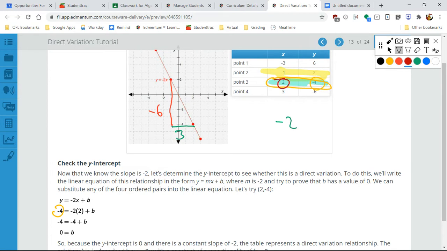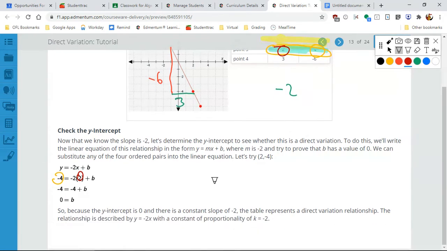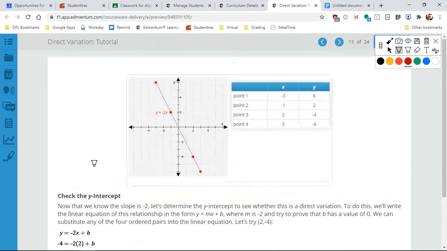For the x, they plugged in 2. And they found out that b equals 0. So because we don't have an intercept, we can even see it from the picture. I don't know why they're doing the math for it. But we can see that because it's equal, then we can say that it varies directly. So all we're doing is just saying that there is no intercept. It's going to touch 0, 0.